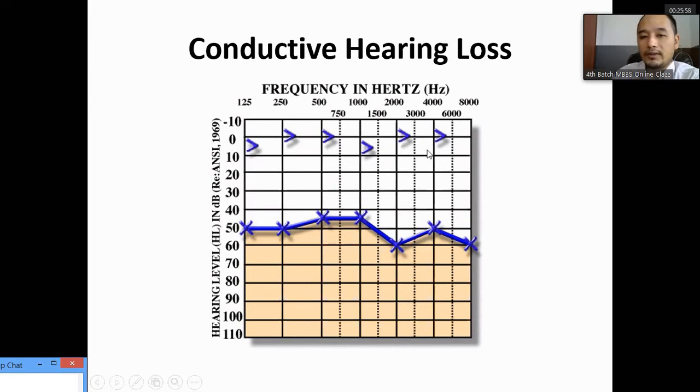Bone conduction is normal, air conduction is impaired. Bone conduction is better than air conduction. So this is conductive hearing loss. And the important feature you see in the audiogram at a glance is this gap between the bone conduction and the air conduction graphs. This is called the air-bone gap, also called AB gap. So in conductive hearing loss, there is an AB gap.